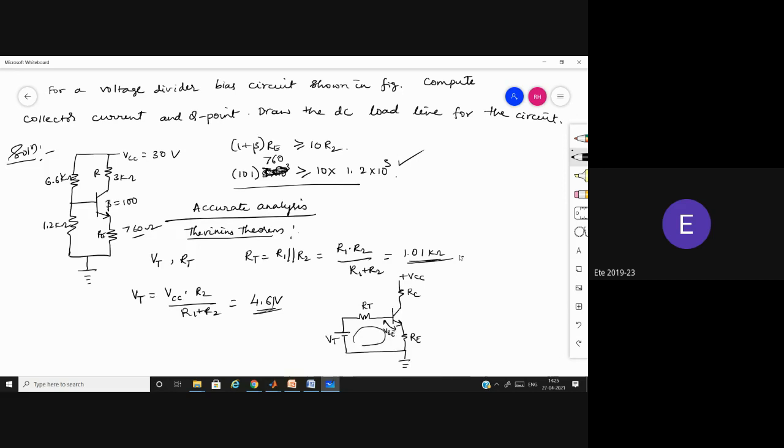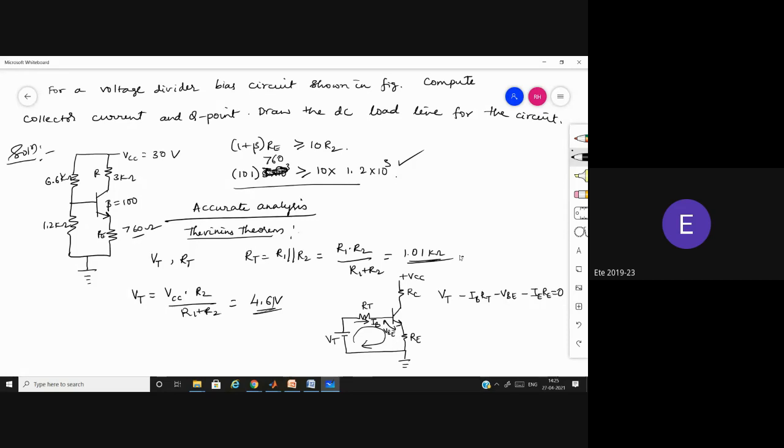Now apply KVL to this inner loop. We get VT minus IB RT minus VBE minus IE RE is equal to 0, since the current is flowing towards the base.